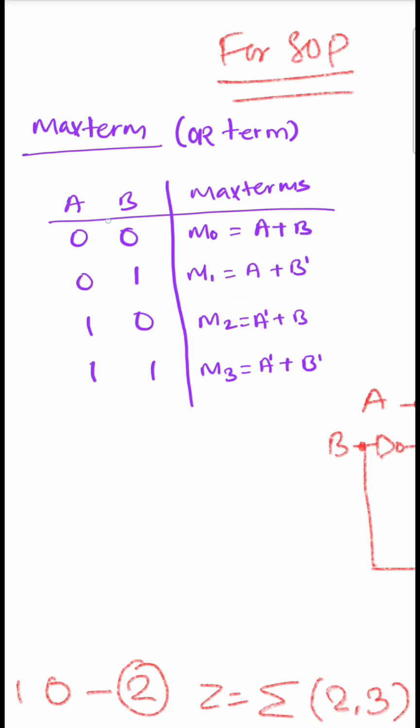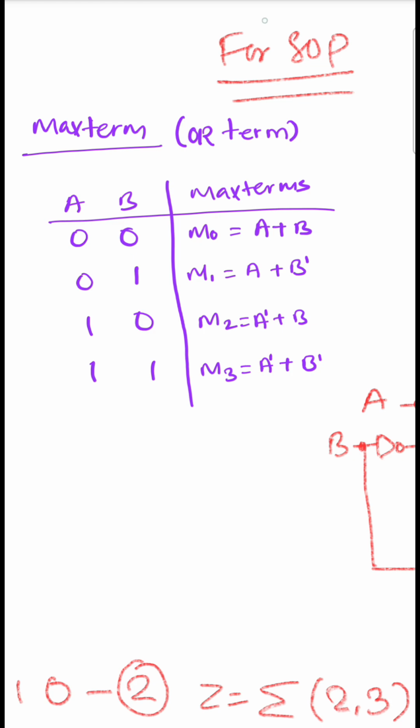Now if the input is 0, you have to write A, and if the input is 1, you have to write A complement. This is an important thing and most students often confuse it at this point, so please pay close attention. For minterms, 0 means complemented variable and 1 means normal variable, but for maxterms, 0 means normal variable and 1 means complemented variable.